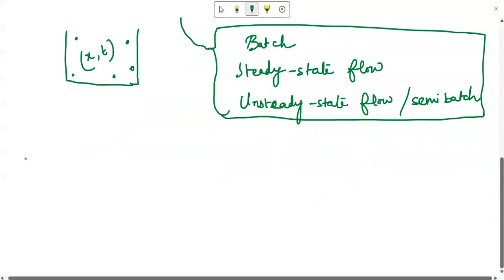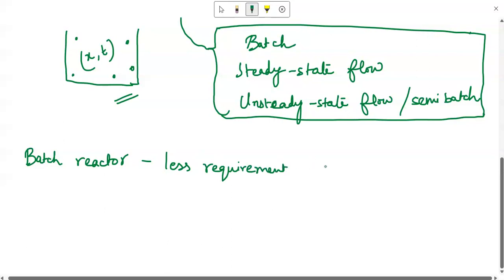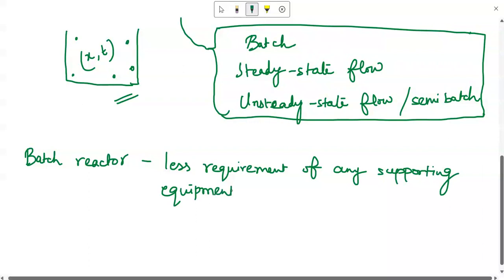So let's start with batch reactor. Batch reactor is very much similar to this reaction vessel that I was talking about. Okay, so it is very simple and it has very less requirement of any supporting equipment, and it is very well suited for small scale production.